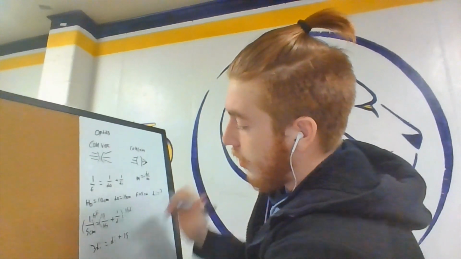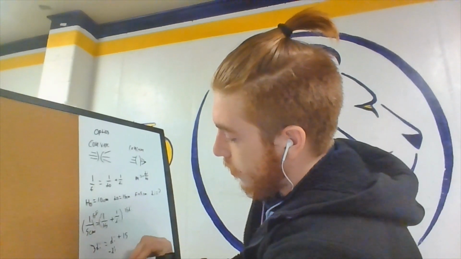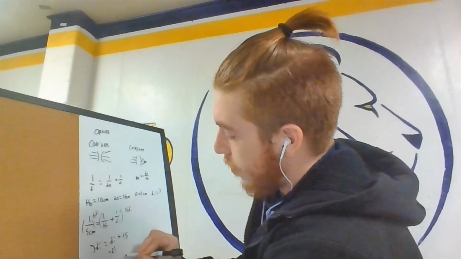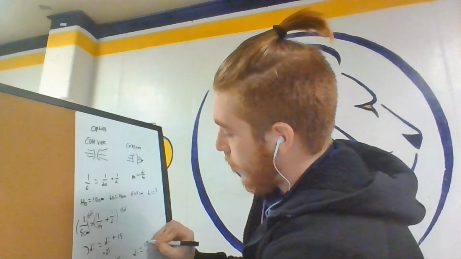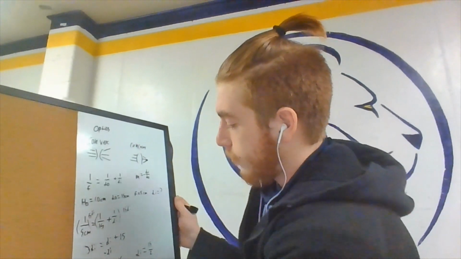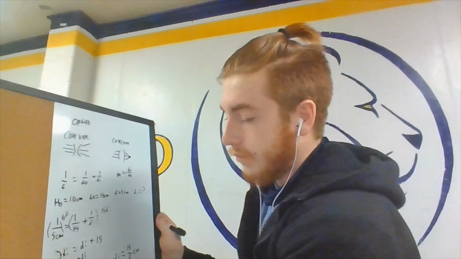When we subtract di from both sides, we're left with 2 di is equal to 15. So di is equal to 15 divided by 2, and that's our answer, of course, in centimeters.